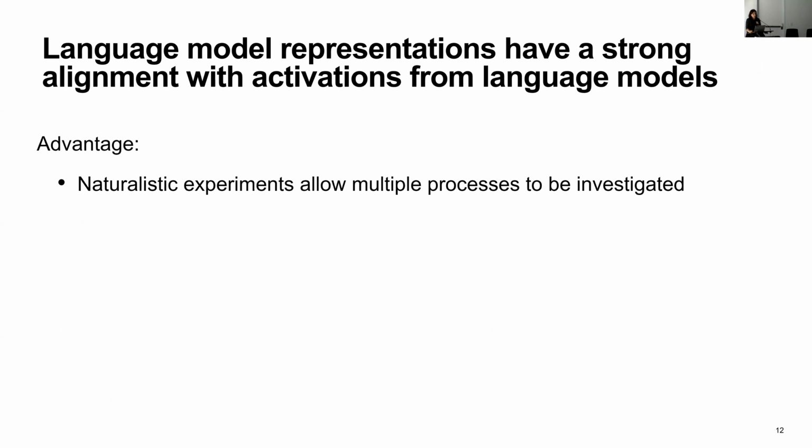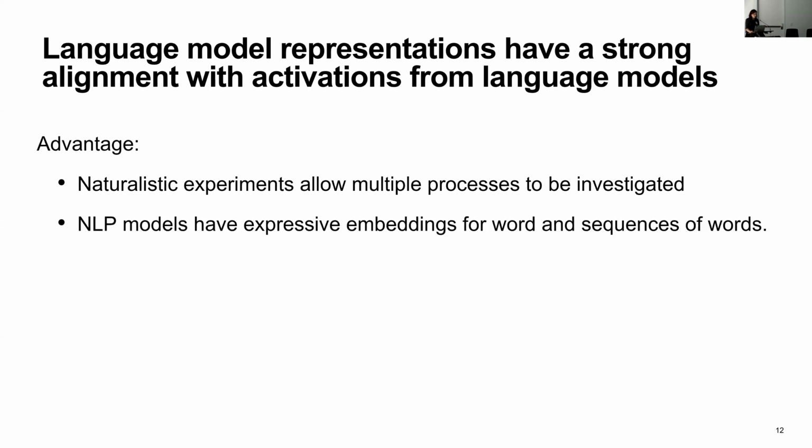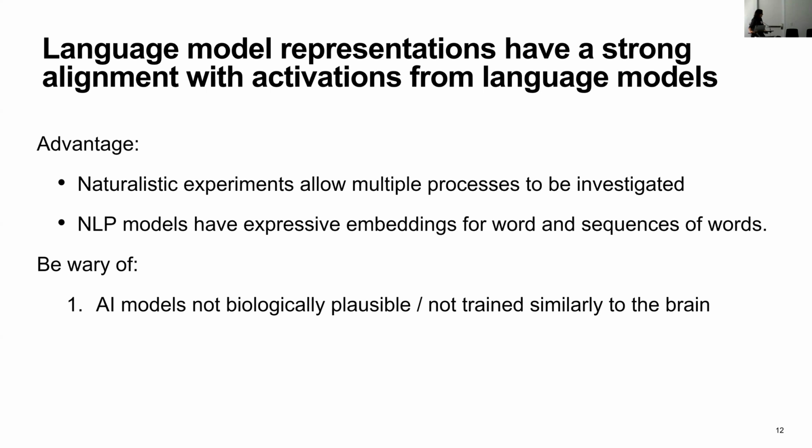One reason for that is that when you use these naturalistic experiments, you make so many different things about language present in the data, so you can study multiple things at once. And the NLP models that we have have very expressive embeddings for words and sequences of words. By expressive, I mean they contain a lot of different information about these words that might be relevant for the brain. But obviously, there are some things to be wary of.